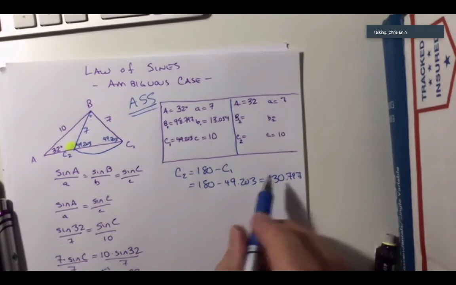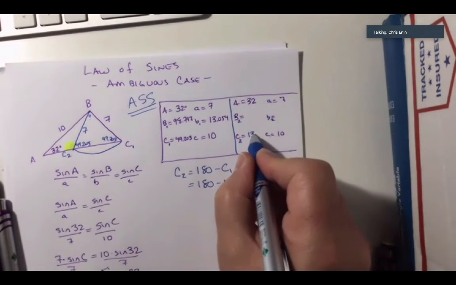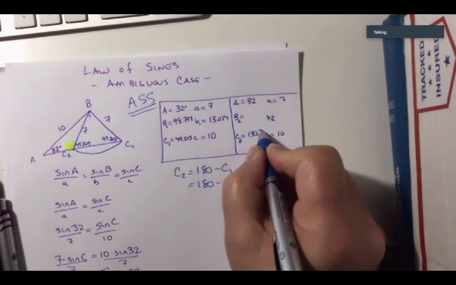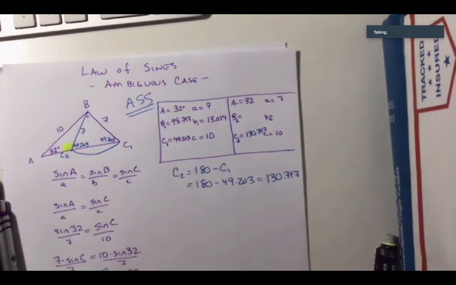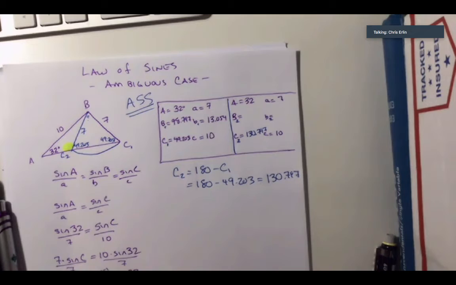So we now know that the second C value, the second angle, is 130.797. And it's at this point that we can decide whether or not this is ambiguous because we have two triangles, or whether it shouldn't have been ambiguous in the first place because there's only one.